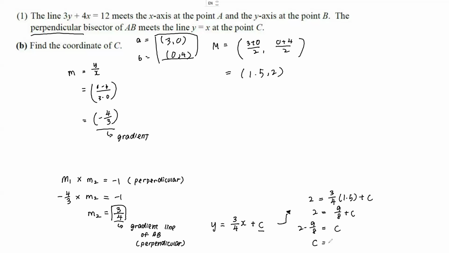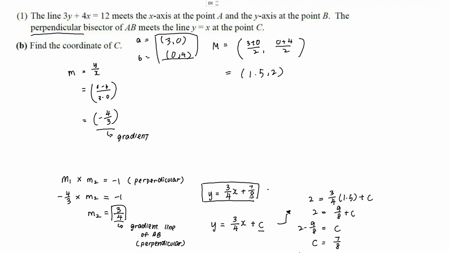With that, we found c, which is 7 over 8. So in a way, we found our formula, which is y = 3/4 x + 7/8.